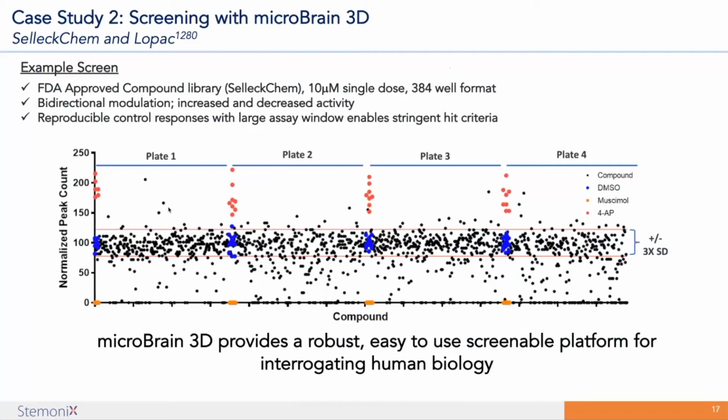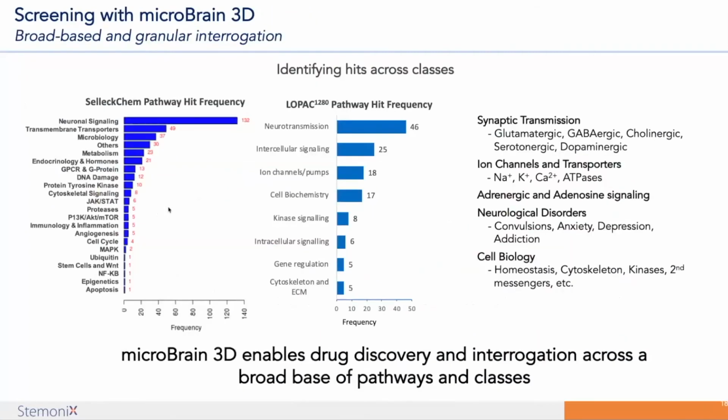Right? Now, the beauty of the neural spheroid is that you've got many aspects of biology combined together in that neural spheroid. So it's a phenotypic readout, not necessarily a target-based readout. But by using this annotated library, we're able to then determine the different types of biology that one can access here.